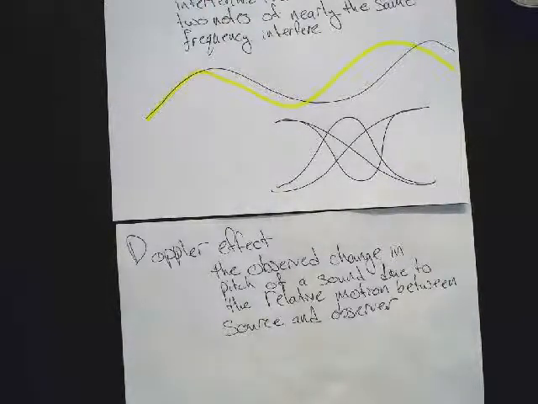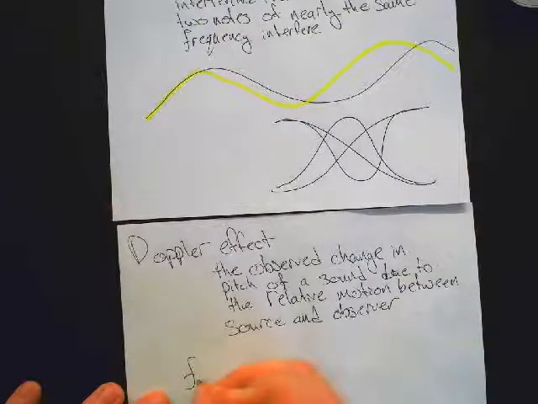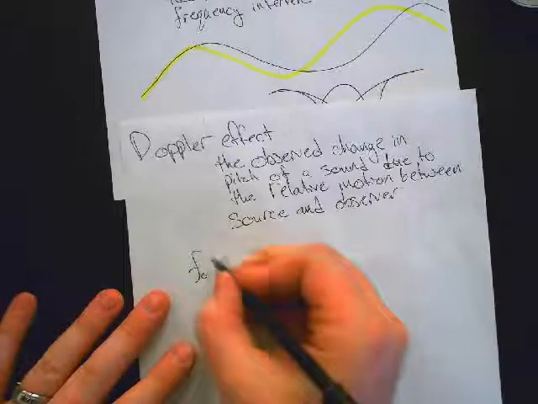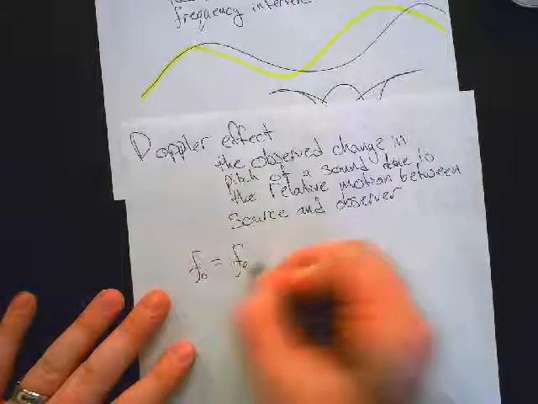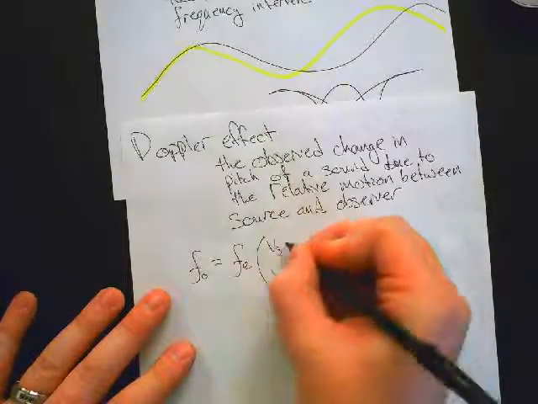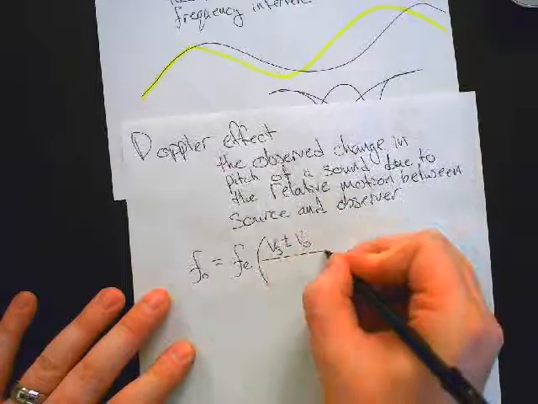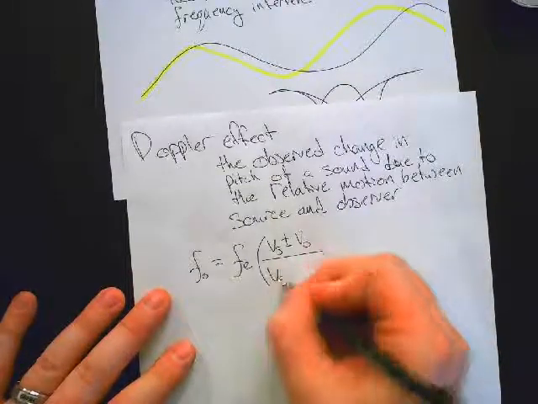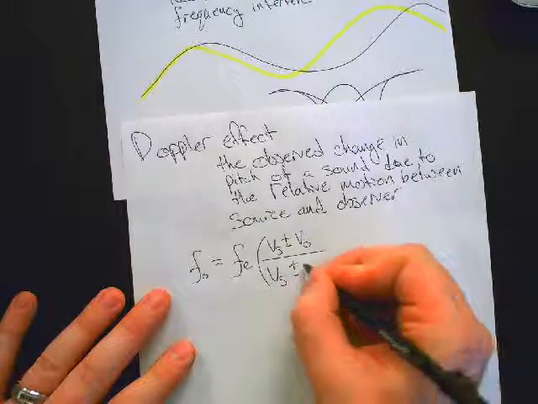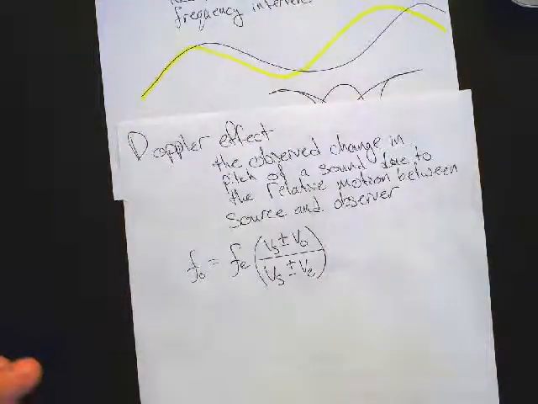So mathematically represented, the frequency that you observe, FO, is equal to the frequency emitted, FE, times the velocity of sound plus or minus the velocity of the observer, divided by the velocity of sound plus or minus the velocity emitted. Okay, we'll get to how it's plus or minus.